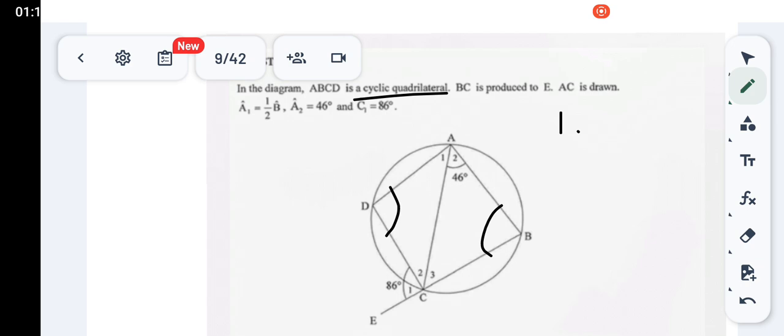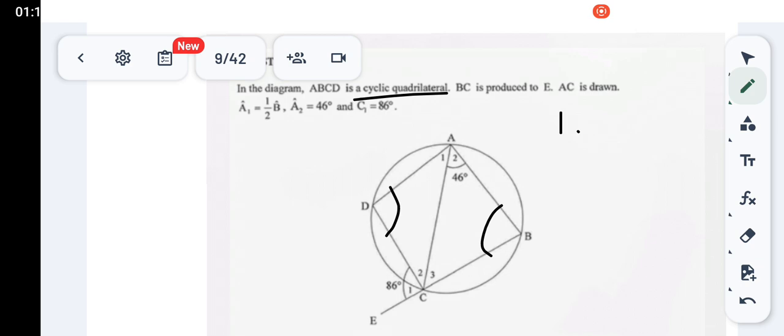Why? Because angle D is opposite to angle B, and therefore the theorem says opposite angles of a cyclic quadrilateral are supplementary. All right, opposite angles of only a cyclic quadrilateral, not any other quadrilateral. So in this case, angle D plus angle B is equal to 180 degrees.